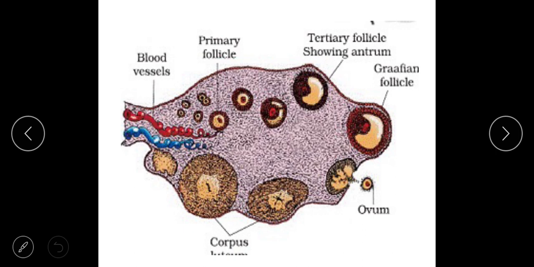So this primary oocyte develops a thickening around it, and this thickening is of granulosa cells. We call this structure, the primary oocyte with the thickening, the primary follicle.